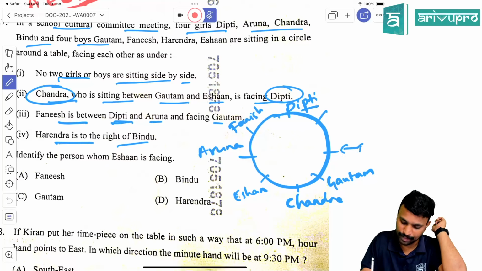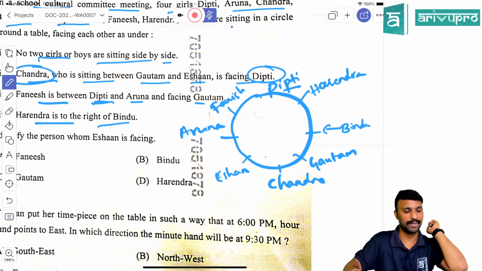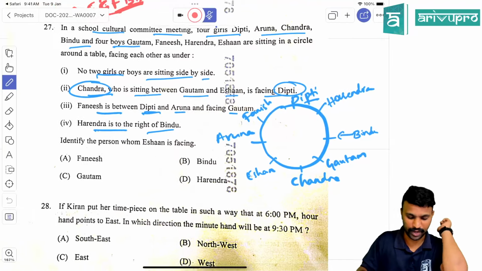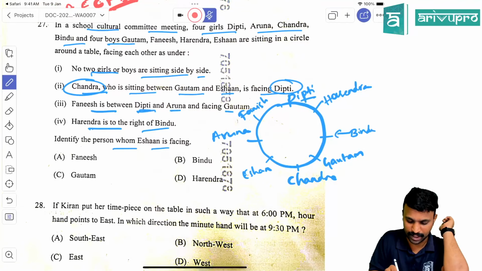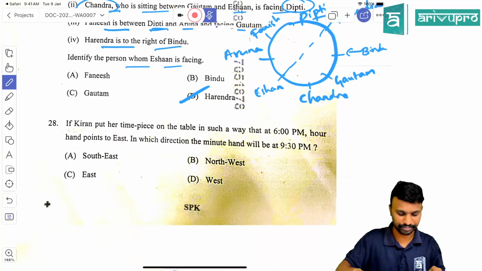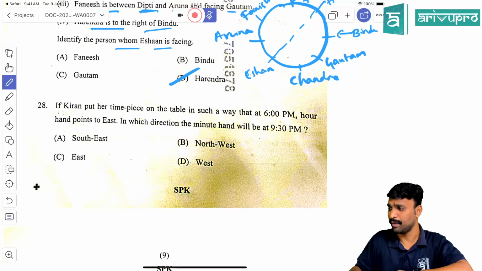Guys, if I position Bindu here, Harendra will definitely be right of Bindu, satisfied. So all 8 positions have been marked correctly. Now the question is, identify the person whom Ishan is facing. Ishan is facing Harendra. So option D is the right answer. Have you understood? Moving on to the next question.